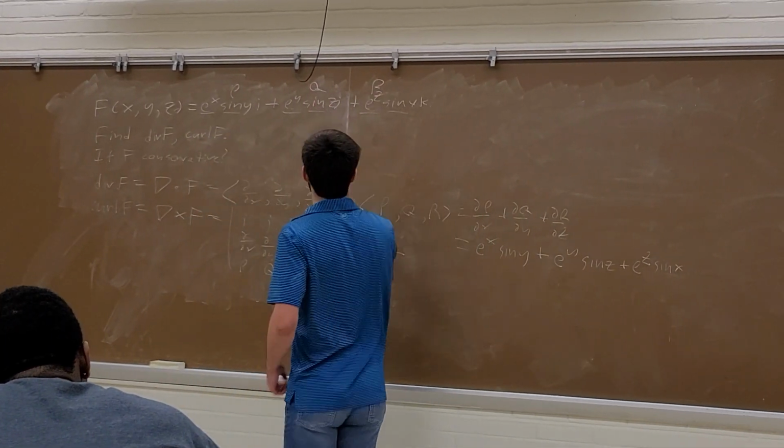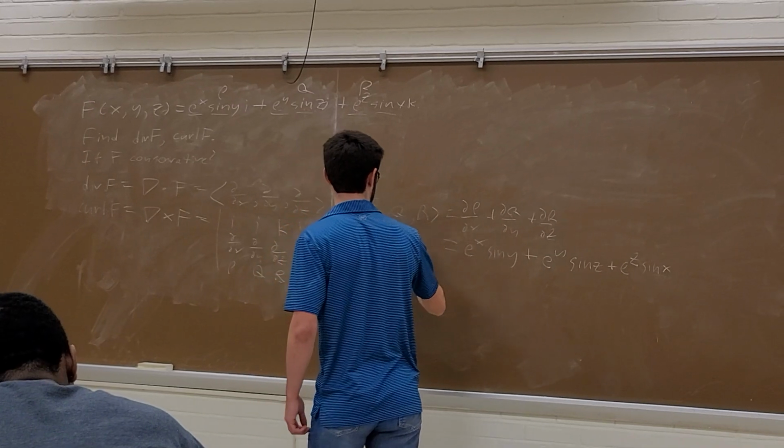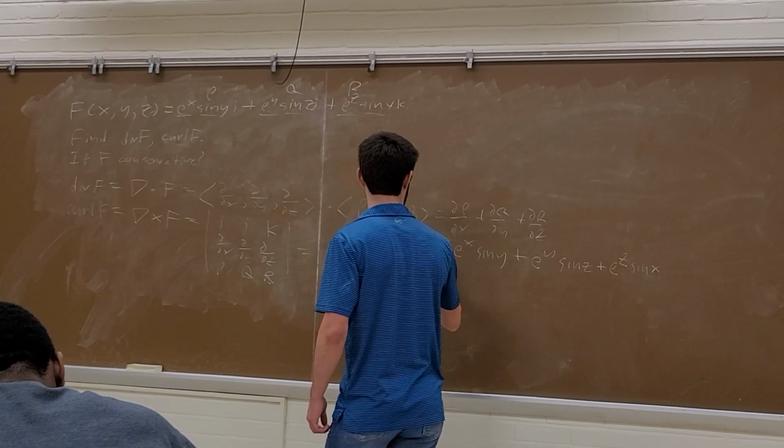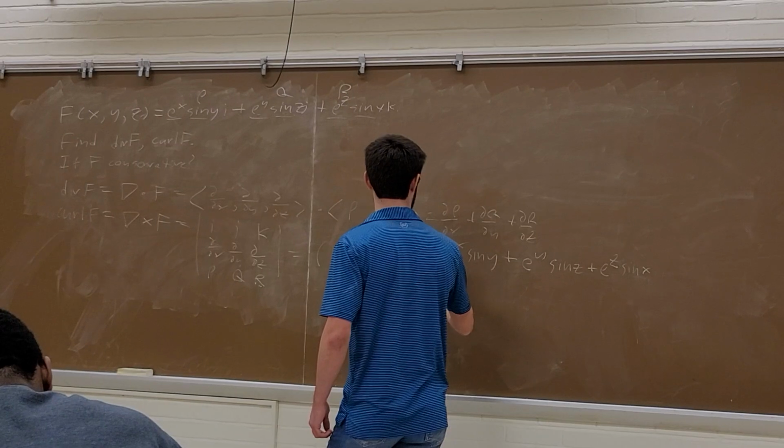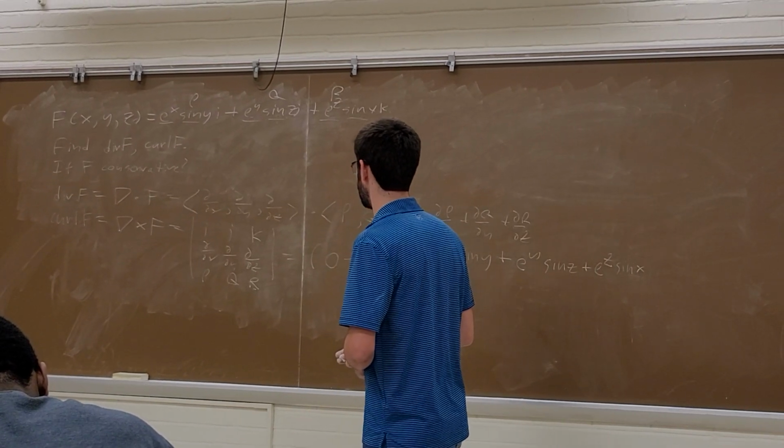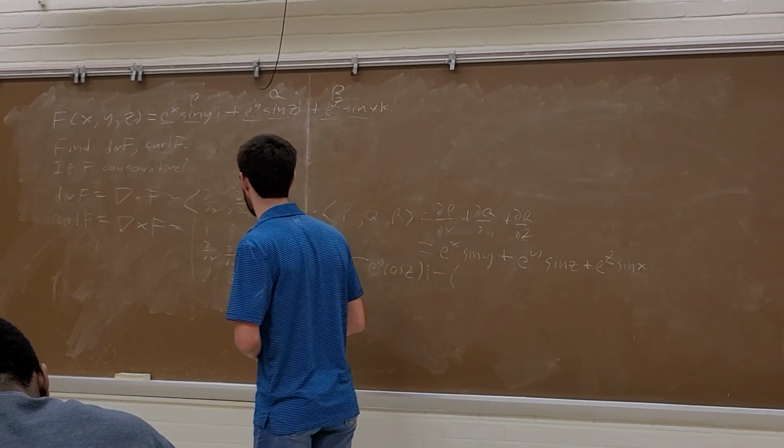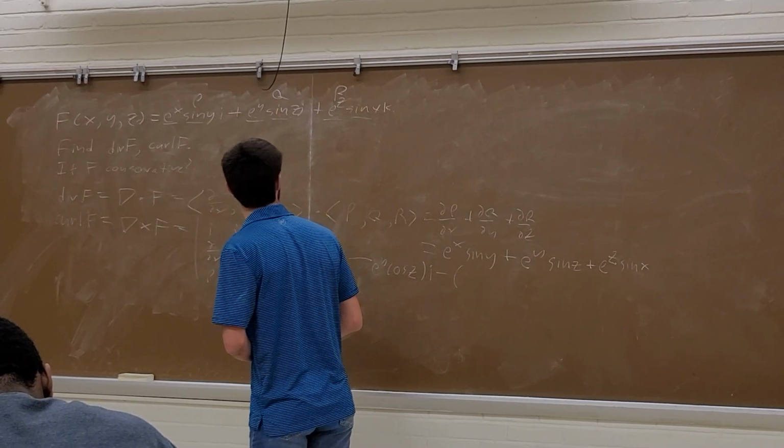So dq dz will be e to the y cosine z. So that'll be i, and then minus, I'm not sure I actually did that correct.